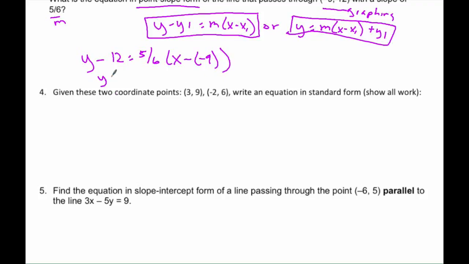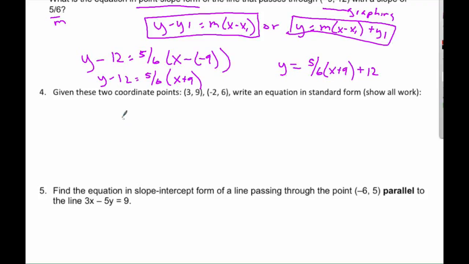So it becomes y minus 12 equals 5/6 times x plus 9. That's one way. The graphical form of this would be just moving that negative 12 to the side, y equals 5/6 times x plus 9 plus 12. Either of these are correct. And that's that one. Okay.